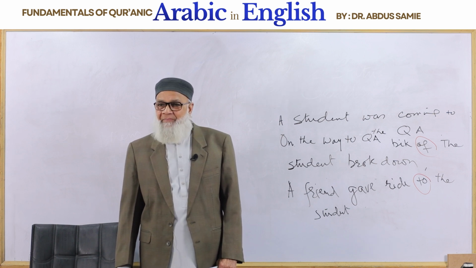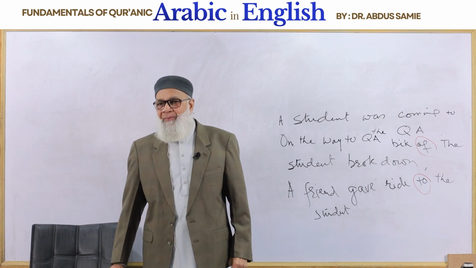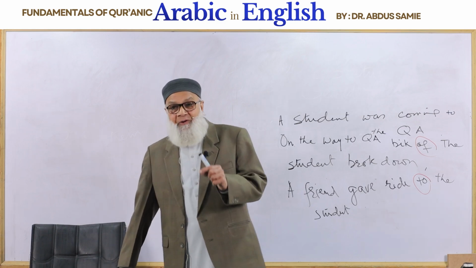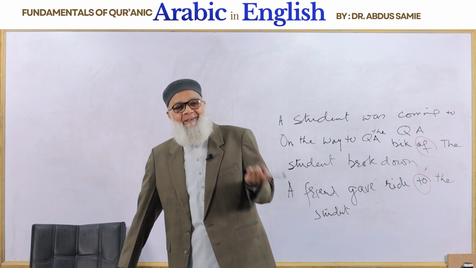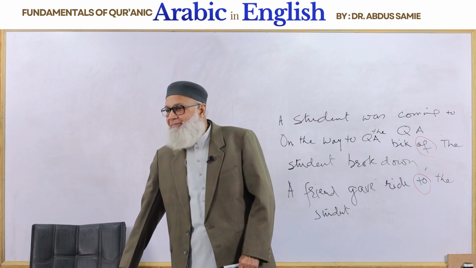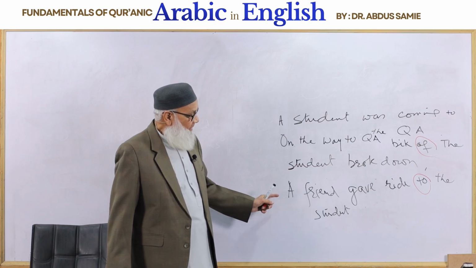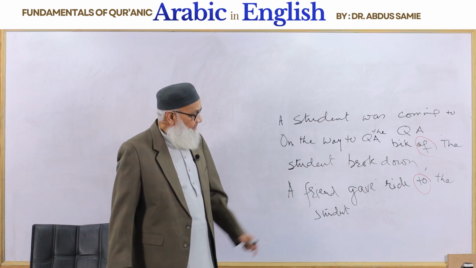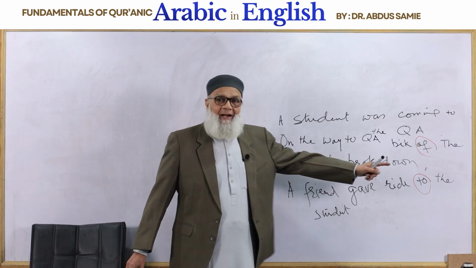In English, the first criterion is that the one who falls earlier is the subject and who falls later is the object. As a friend gave the student a ride.